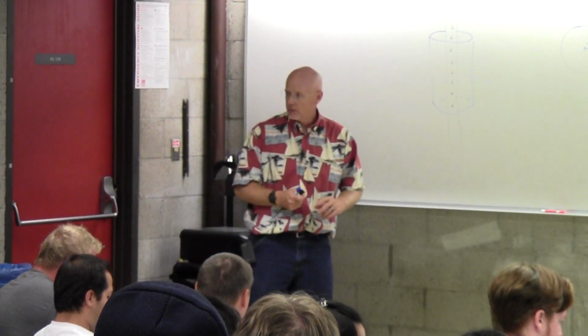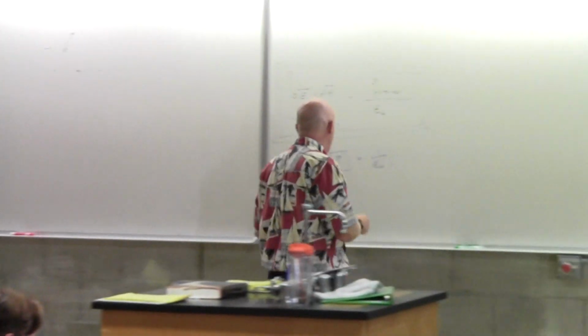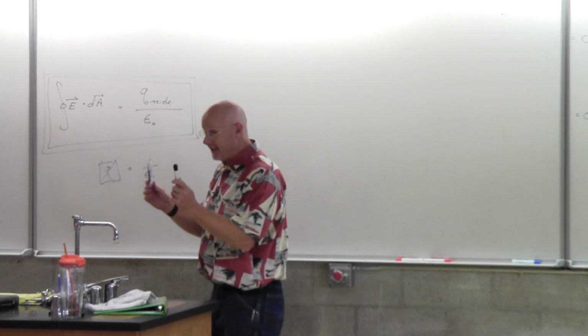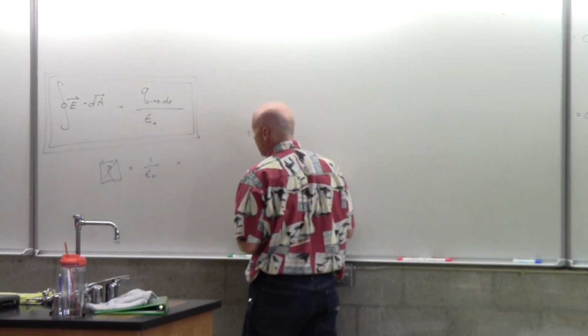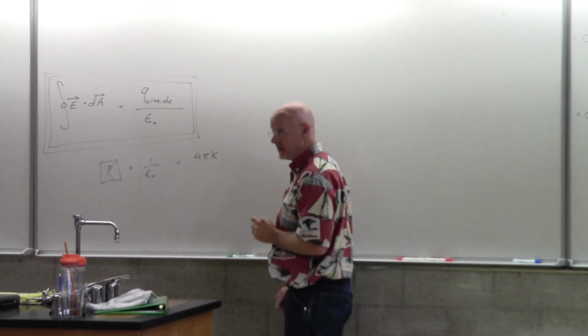So should we learn the value of that constant? Oh, sorry, I meant to put that. So we should know what this number is, right? All right, so maybe I should calculate it for you. This was equal to 4 pi times Coulomb's constant.